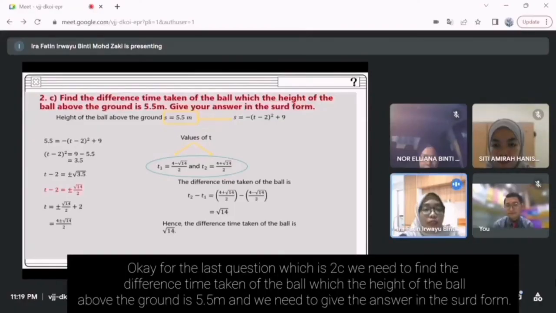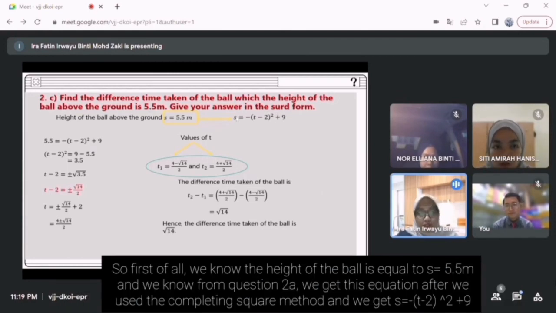For the last question, which is 2c, we need to find the difference in time taken of the ball when the height of the ball above the ground is 5.5 meter, and we need to give the answer in surd form. So we know the height of the ball s equal to 5.5 meter. From question 2a, we get this equation after completing the square, negative t minus 2 squared plus 9.